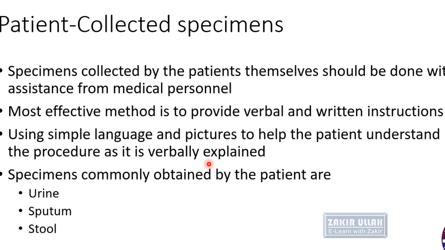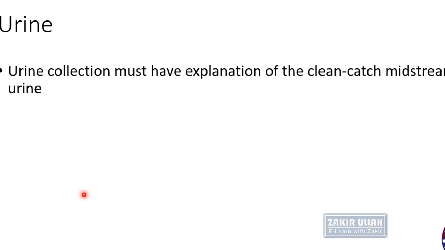The specimens most commonly obtained by the patients themselves are urine, sputum and stool. These three samples are most commonly collected by patients themselves. The urine specimen: urine collection must have an explanation of the clean catch midstream urine.